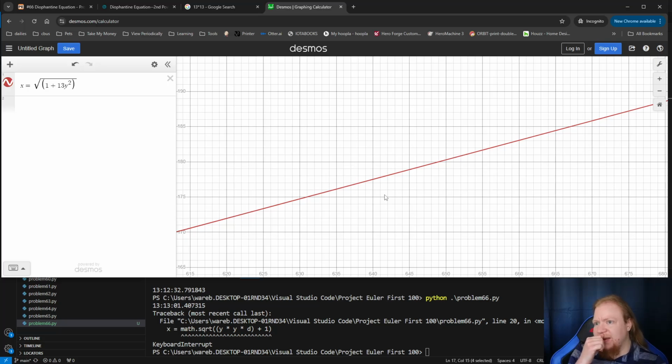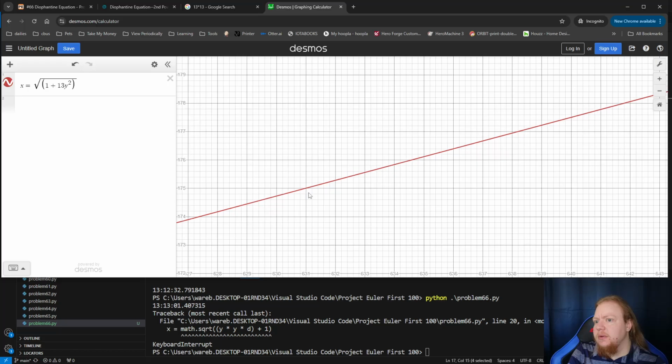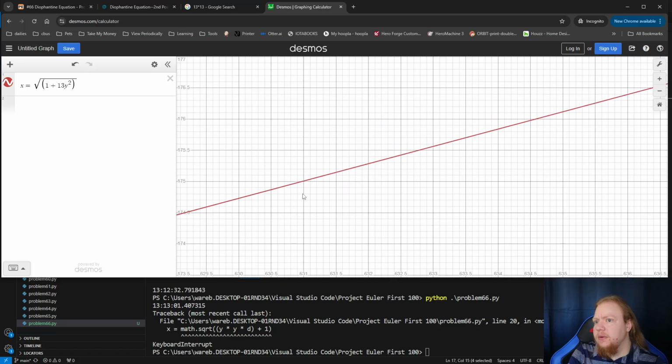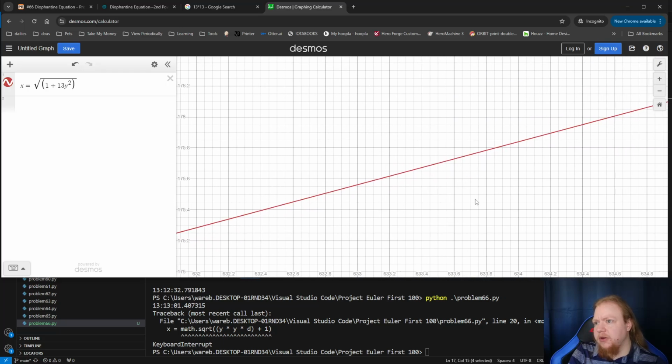So like x equals 640 or y equals 175. That's really close to 631, honestly. Actually, it's kind of indistinguishable. Yep, we gotta scroll in real far to see that.